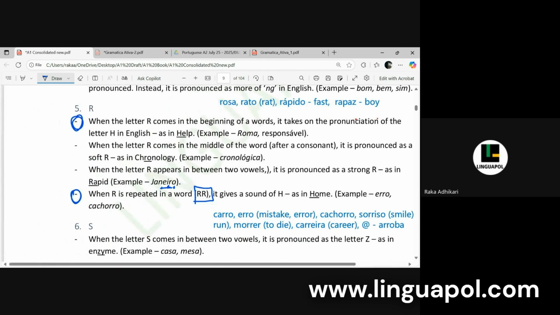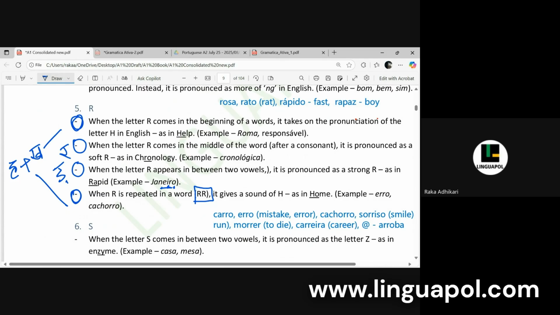The sound is a combination of ha and kha, kind of. Whereas this one, the sound is ra, and third one, the sound is ra.